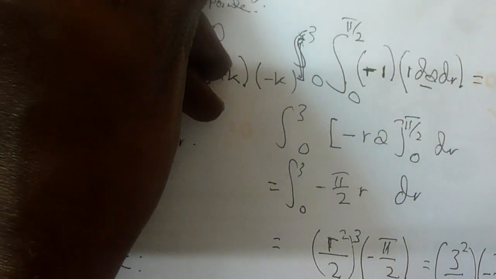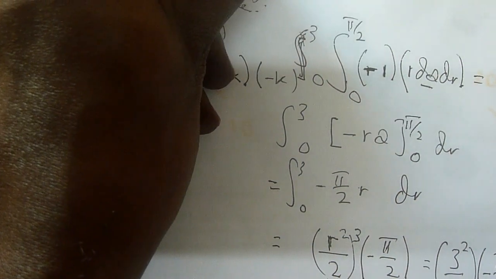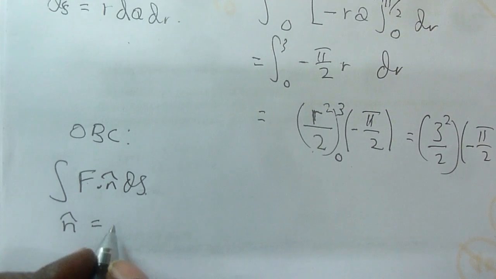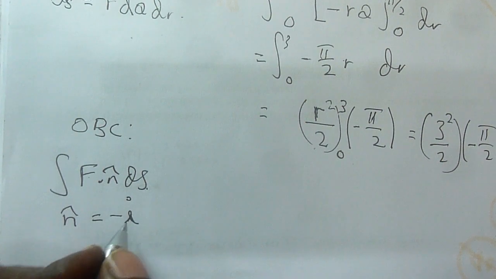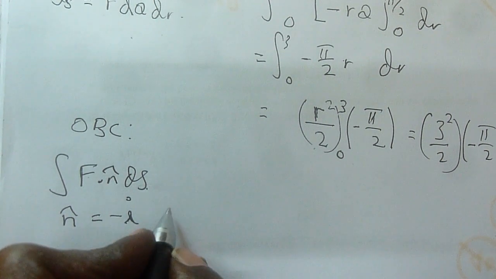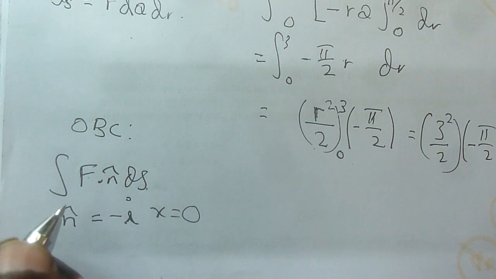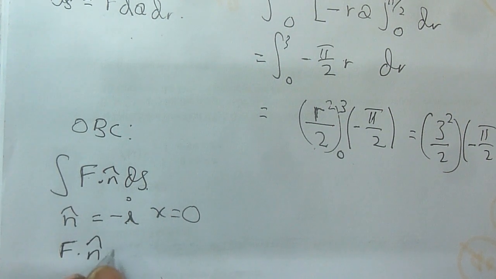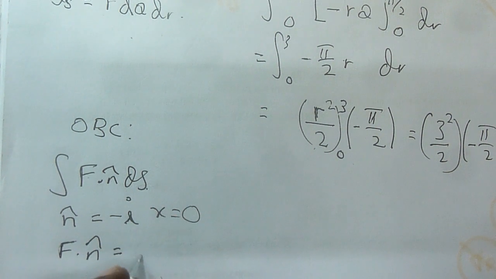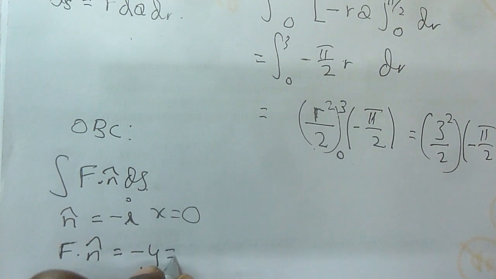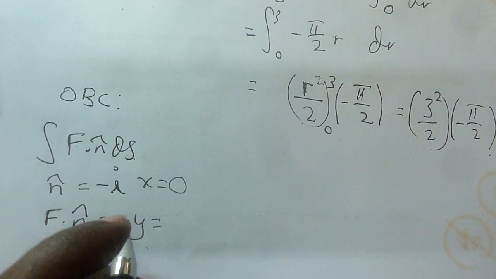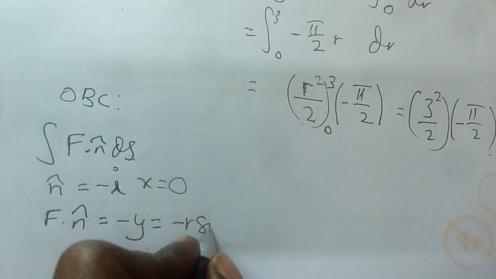Here, the surface is going outside. Referring to x, it is negative i. Now, opposite to that, x at this particular point is 0. And F dotted with n, we get negative y, where the negative y is actually, in polar coordinates, negative r sin θ.